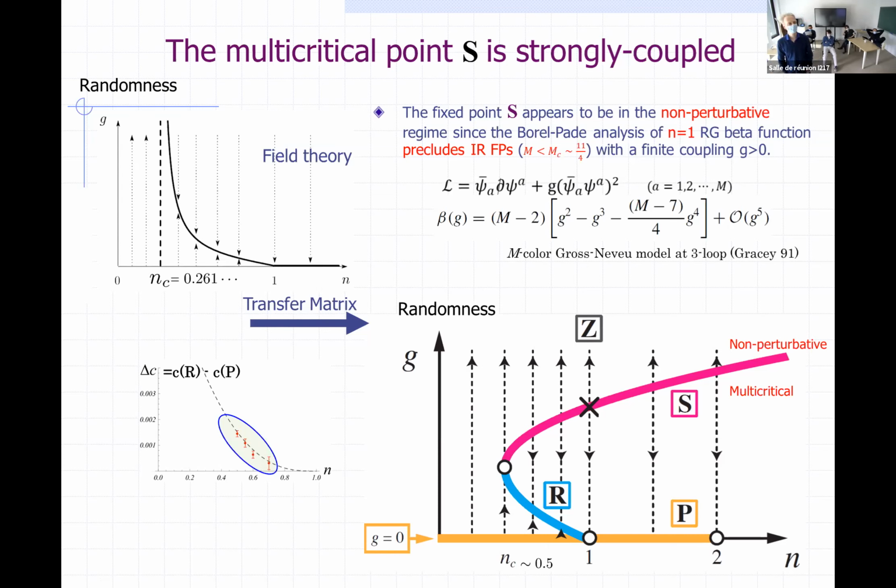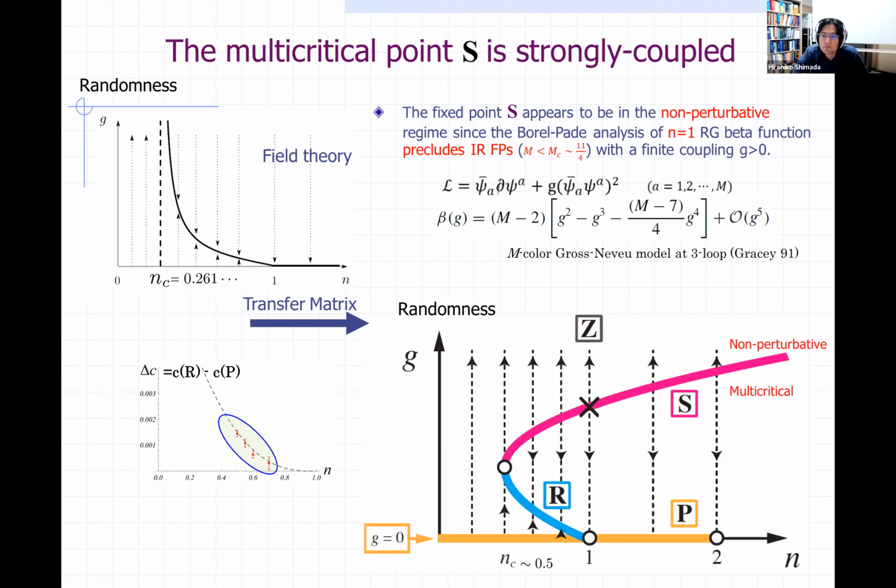I guess the claim is that the figure on the upper left is for 2 loop. If somebody was able to push this computation to 3 or 4 loops, then we would still see this divergence, but the NC would move towards 1/2, which is roughly the numerically determined value where we cease to see this fixed point.